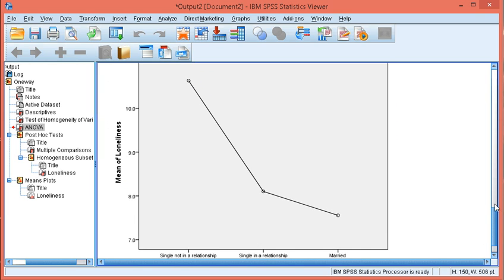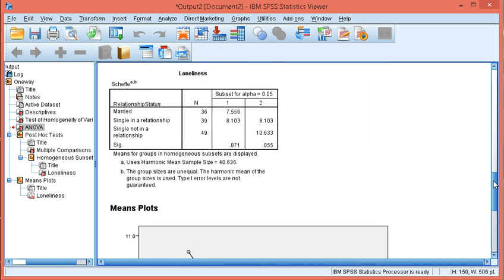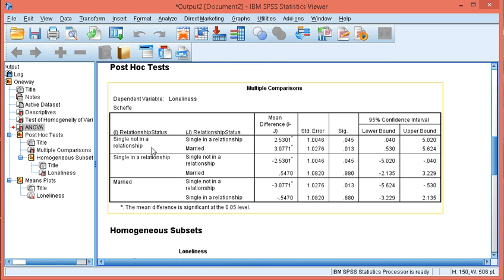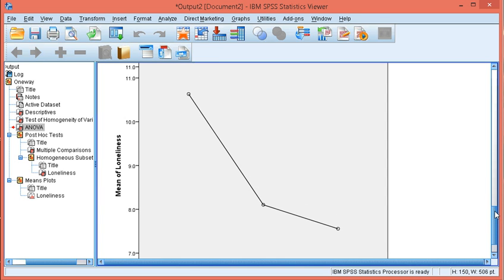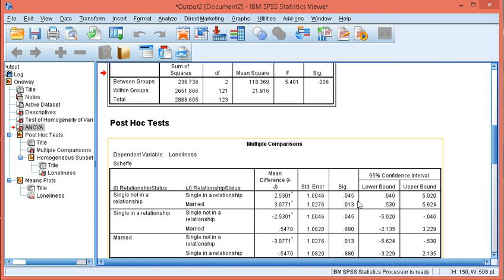Now let's go back to our post hoc test. Single not in a relationship and single in a relationship, where is that? This one and this one. Is there a significant difference? There, 0.045, which is less than our alpha, so the difference is significant.